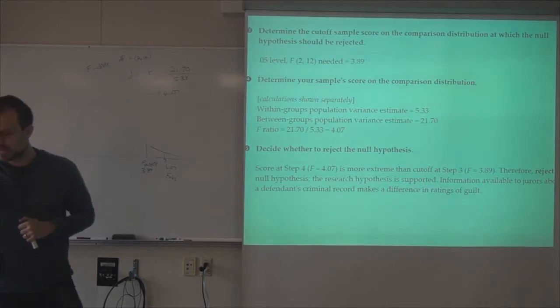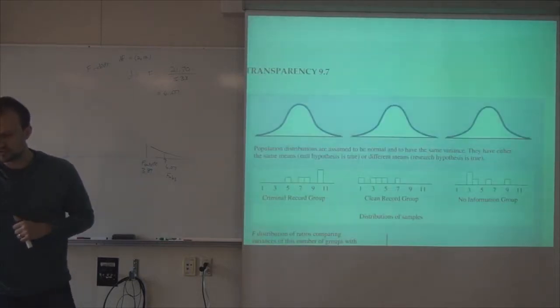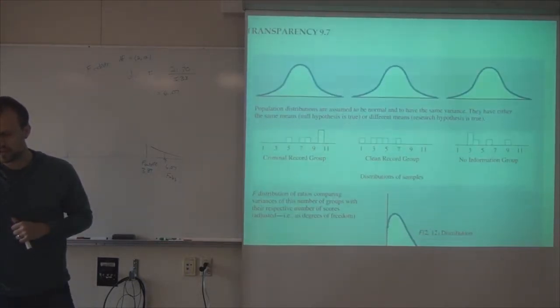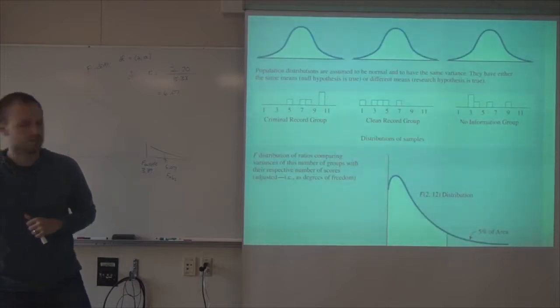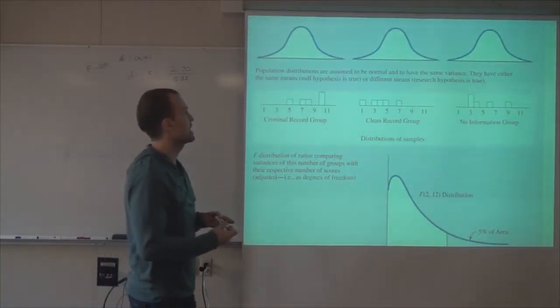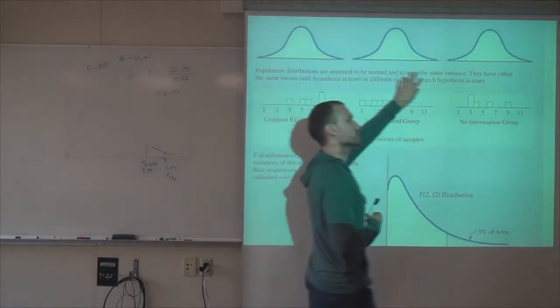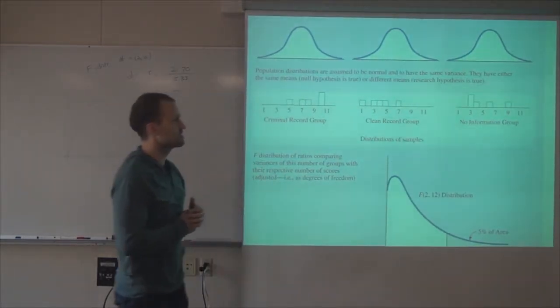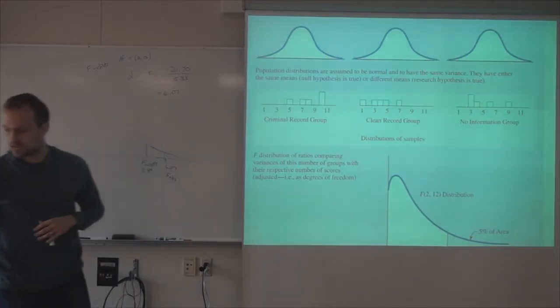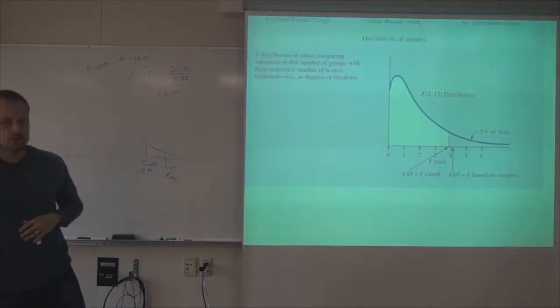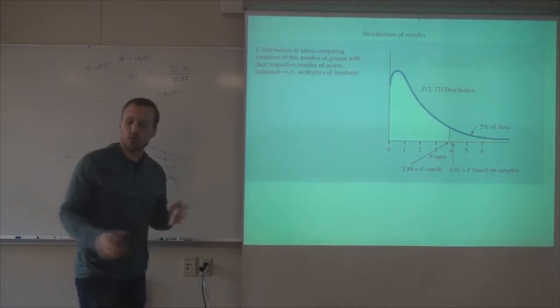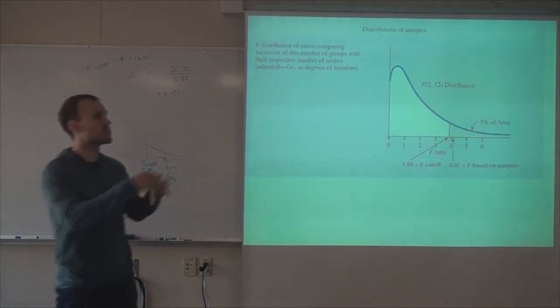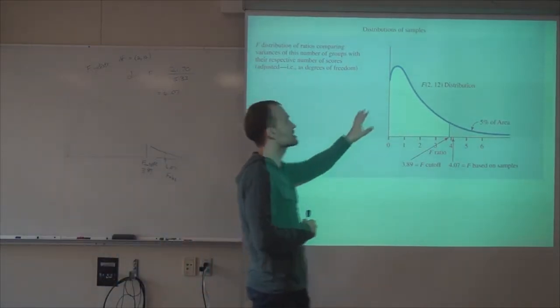Let's look at another example just to verify this. But before we do, let's visualize this by way of the slide. So I have my 3 different populations that I'll assume to be normal. I get a sample from each one. And then I look at how the F score sits with all possible F ratio scores that I could get.